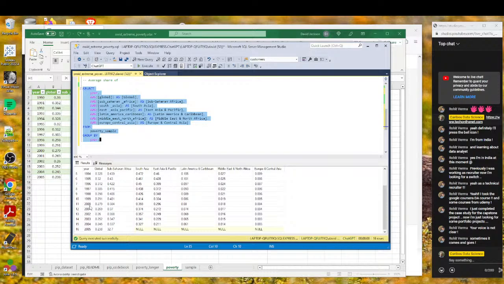Okay, yeah. So this doesn't necessarily make any sense, although this is correct. This would be the average. Okay, I wasn't thinking clearly. There's one row for each year, right?